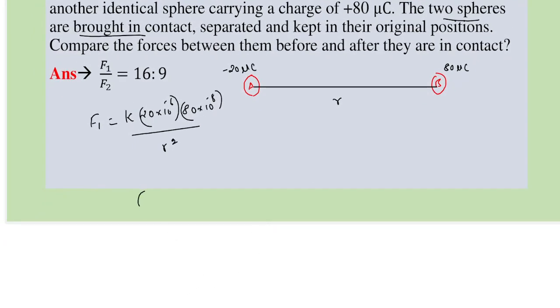When you touch them together, we learnt in the previous class that charge would add up. The charge here is minus 20 microcoulomb and here it is plus 80 microcoulomb. So when you add them together, the net charge becomes 80 microcoulomb minus 20 microcoulomb, which is equal to 60 microcoulomb.